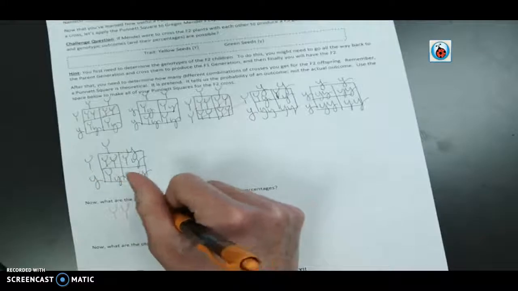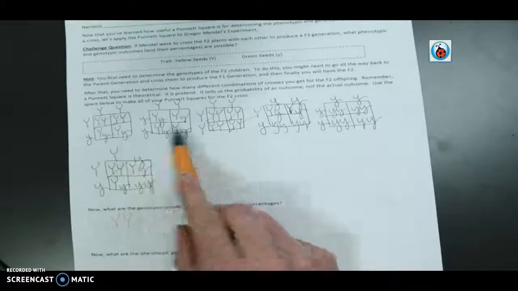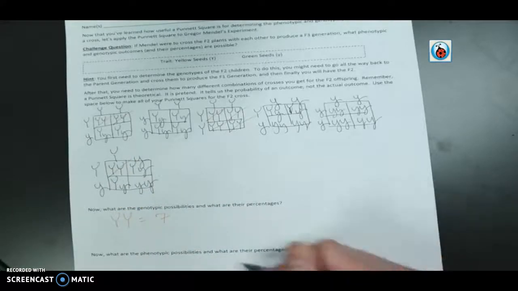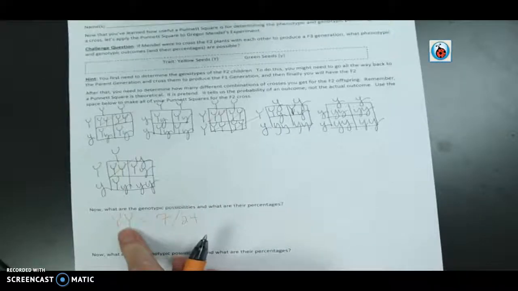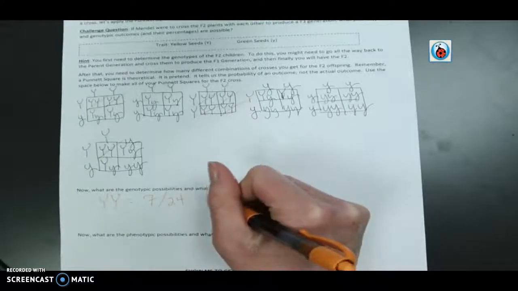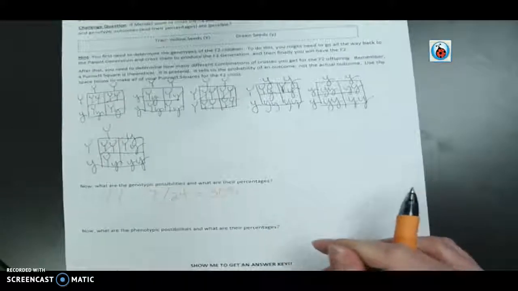So it happens 7 times, and I've got 4 boxes in each one, and there's 6 total Punnett squares. 4 times 6 is 24. So 7 out of 24 would be homozygous dominant. And if I do the math, that is about 30%.